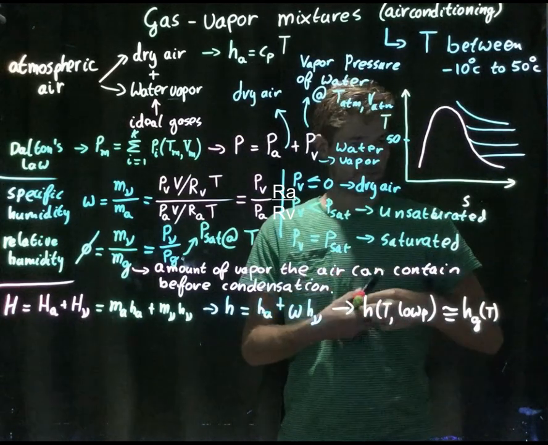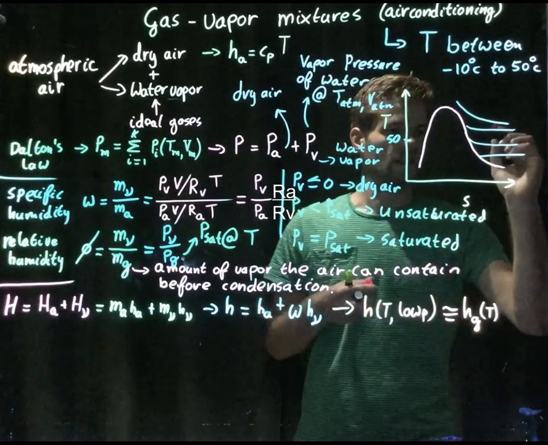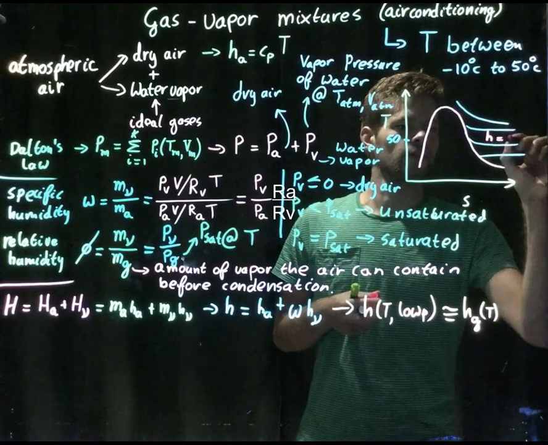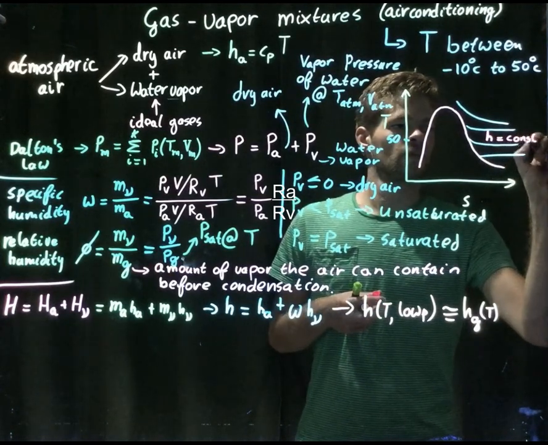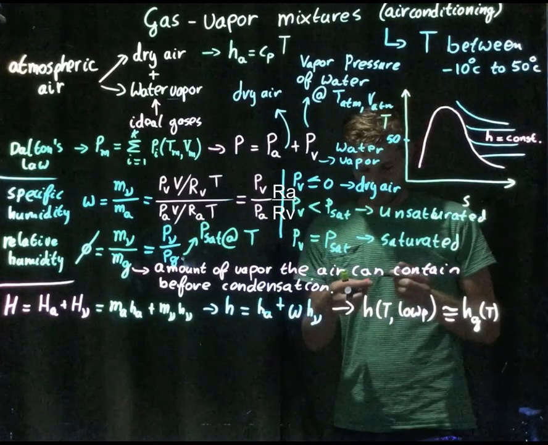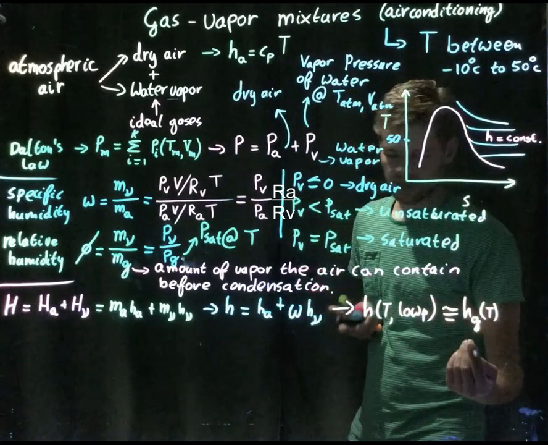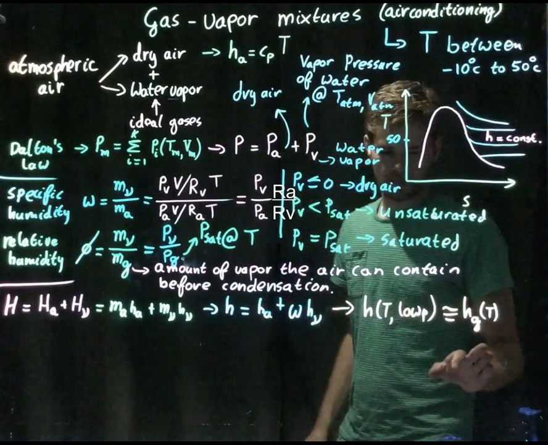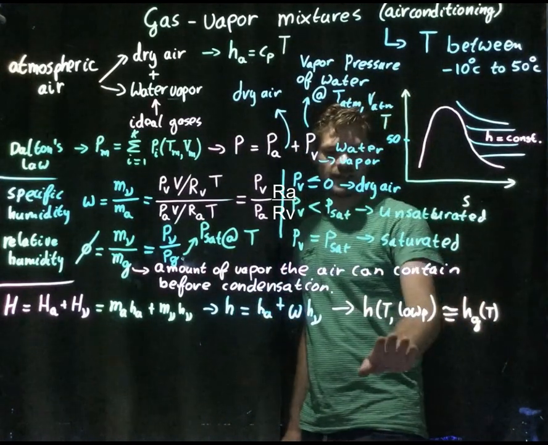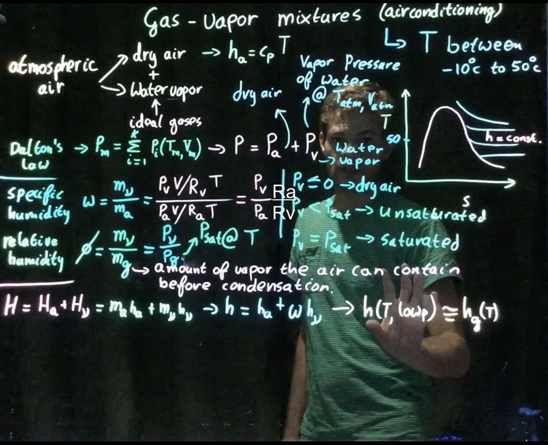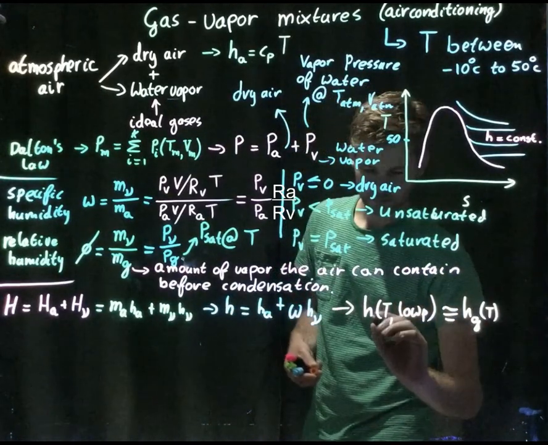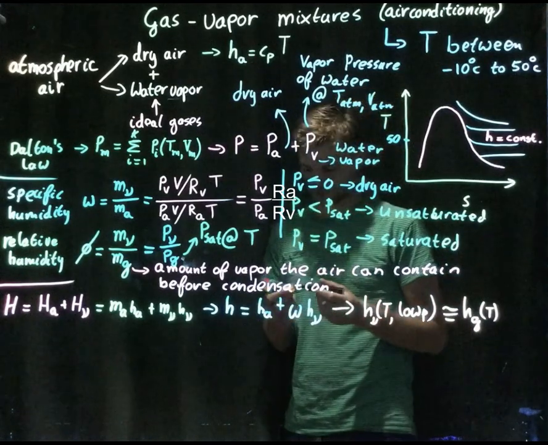So along these lines, H, enthalpy, is constant. So I can be pretty sure that my enthalpy of my gas is constant, and the variation between the enthalpy for the vapor itself and the gas is only very minor.